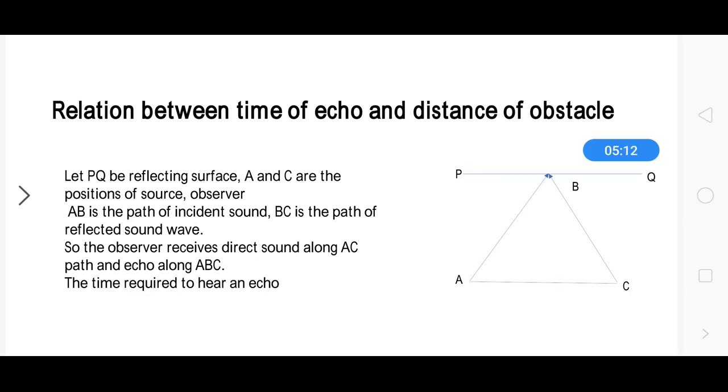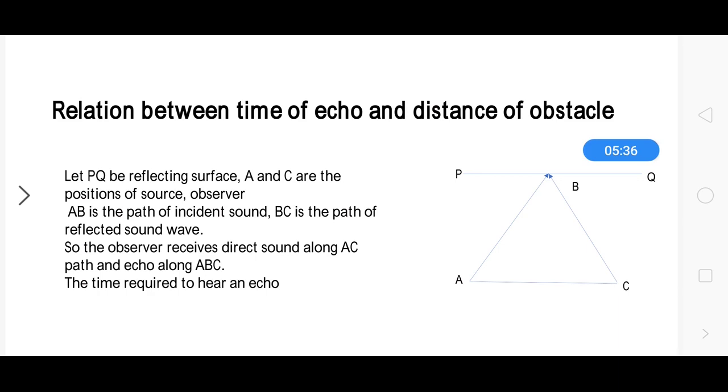If you observe the paths of the sound wave before and after reflection, AB is the path of incident sound, whereas BC is the path of the reflected sound wave.